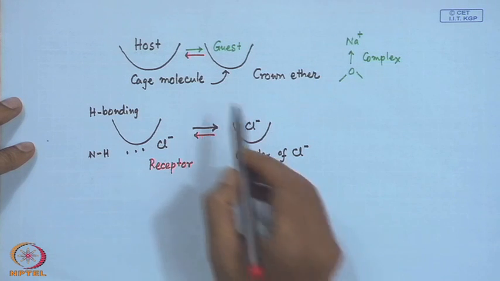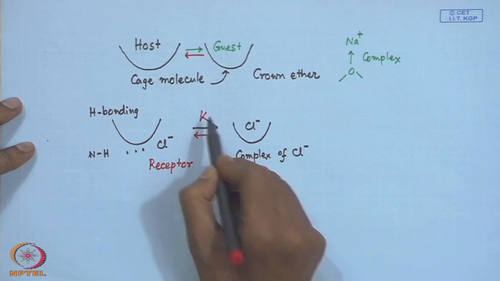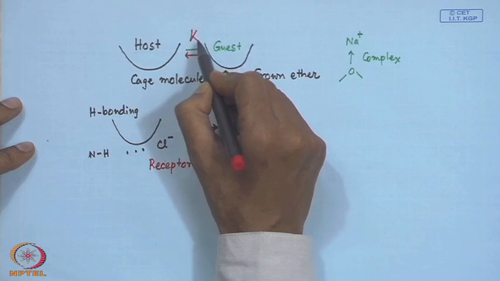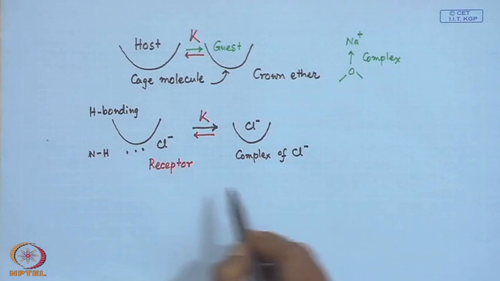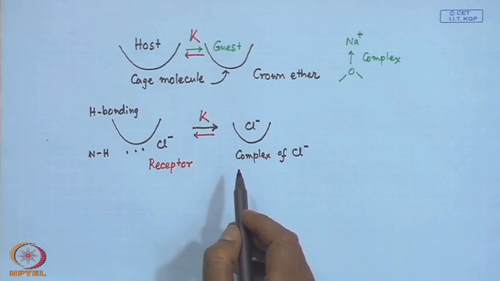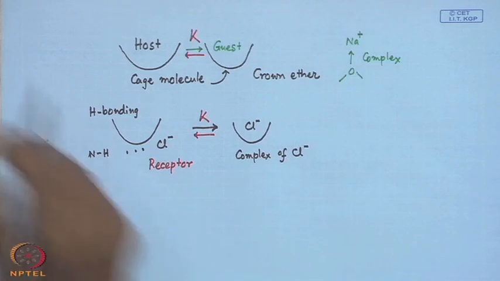So, in all these cases we can have the corresponding constant for these formations. So, we can measure the corresponding K values for these complex species.